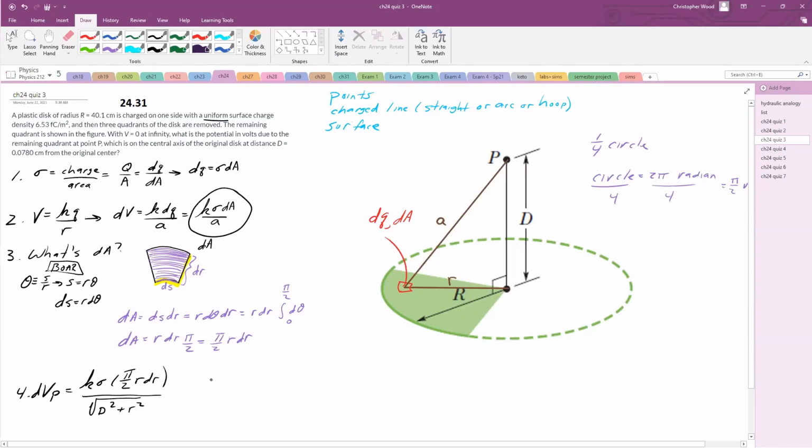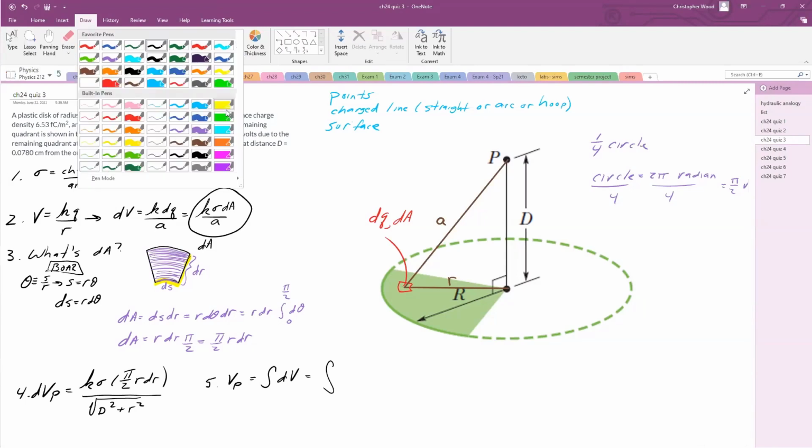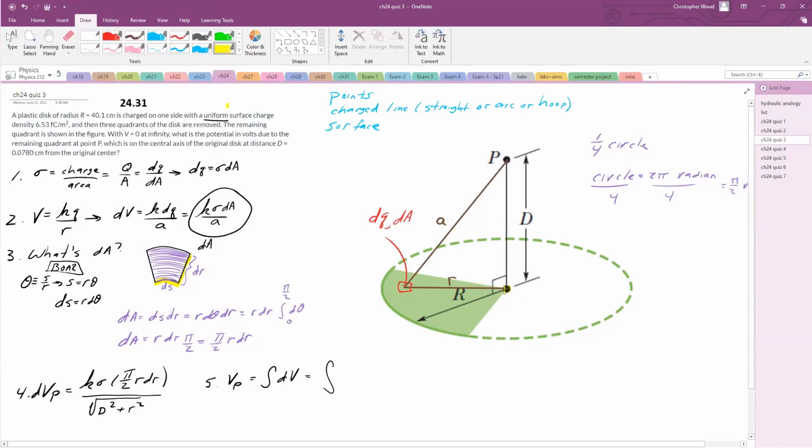So number 5, the voltage at point P is going to equal the integral of dV. I guess I'll throw my limits of integration here. I want to take all of these little surface elements from the center of the plate all the way out to the edge.